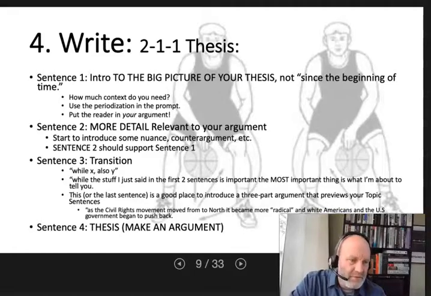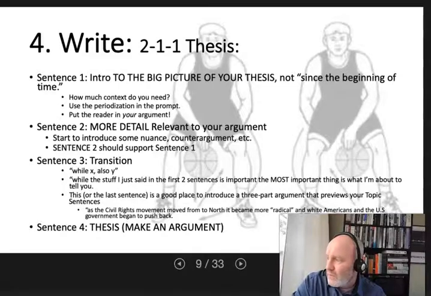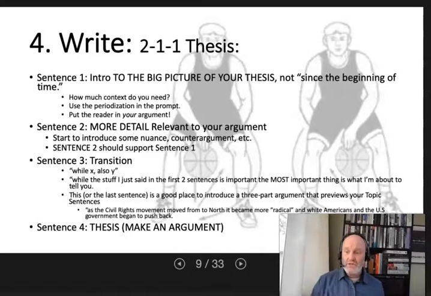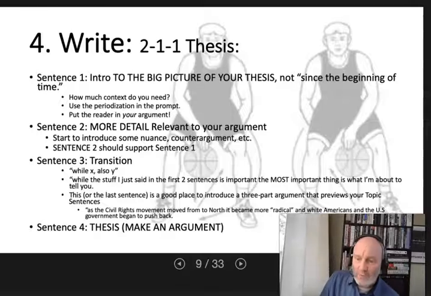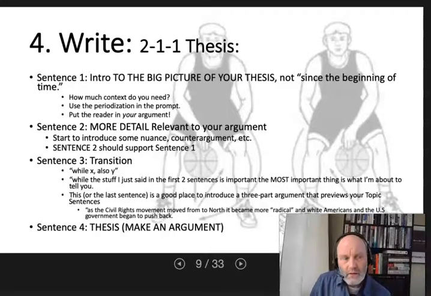Given that I've looked at the documents, given where I know I want to go with the thesis, the second sentence could be something like: independence was not preordained, and in the wake of the French and Indian War, most colonists wanted to be more British and have more representation in Parliament, while there still was a small minority of colonists who did want revolution.